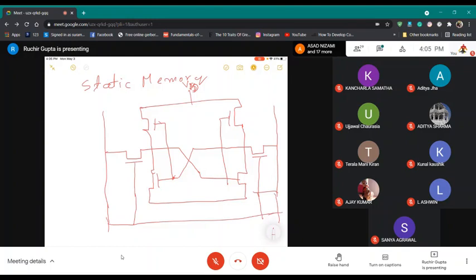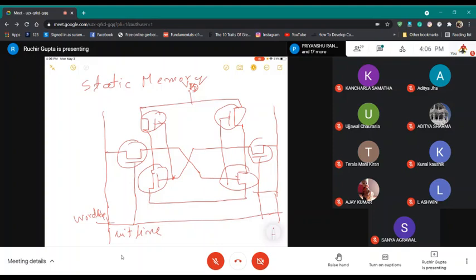These are the CMOS transistors that are actually placed in one cell of static memory. This is my word line, and this is my bit line. So probably you can understand word line means the one that is selecting the row, and bit line is the one selecting the column. So for a simple static memory, this is the kind of circuit.